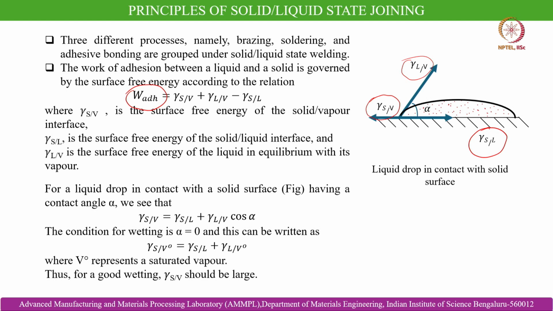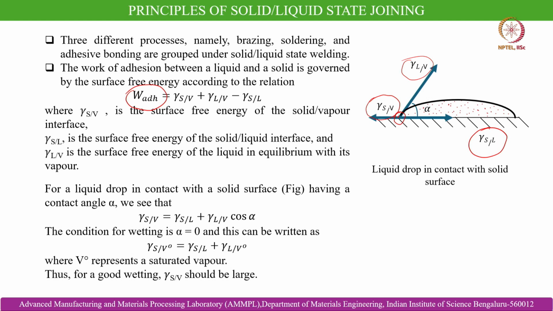So here we have a liquid drop in contact with the solid surface having a contact angle alpha. If we balance the surface energy terms at this point, considering it as the origin, then what we will get?